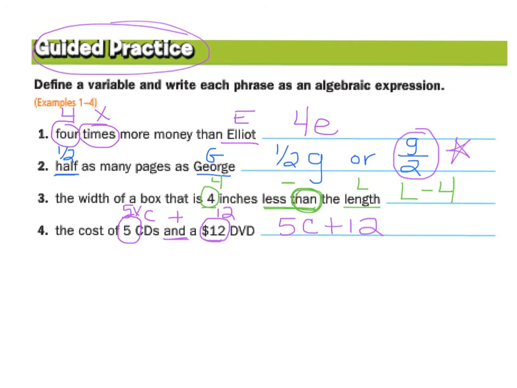Number 4 is a two-step equation. I had 5 CDs. Well, each CD has its own cost, so it's going to be 5C, and then we're going to have a cost of a DVD. And that DVD, there was only one. So right here, that A means 1. 1 times 12 is 12, so it'd be 5C plus 12.